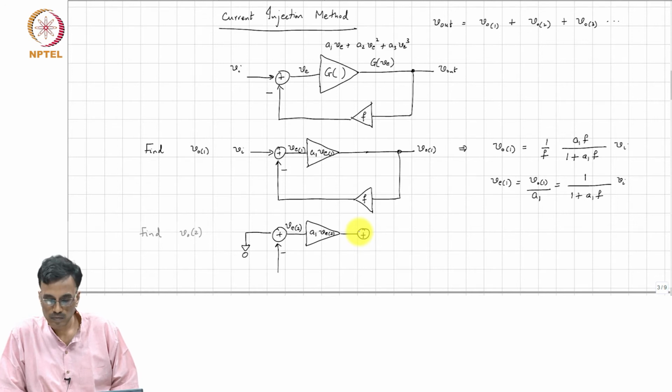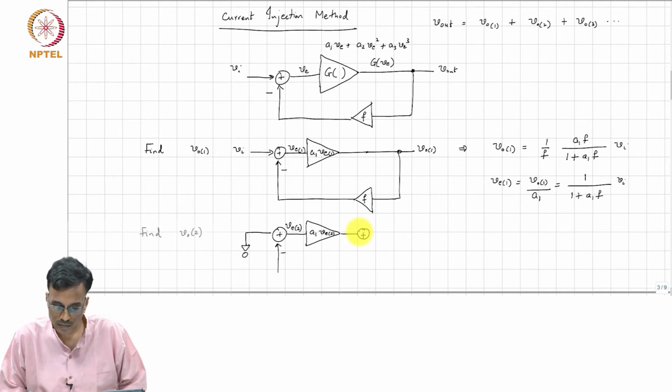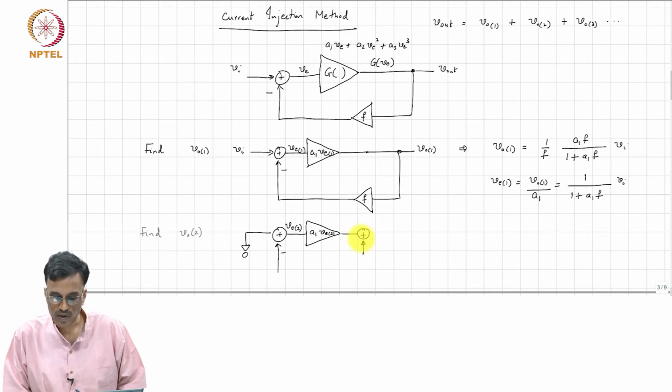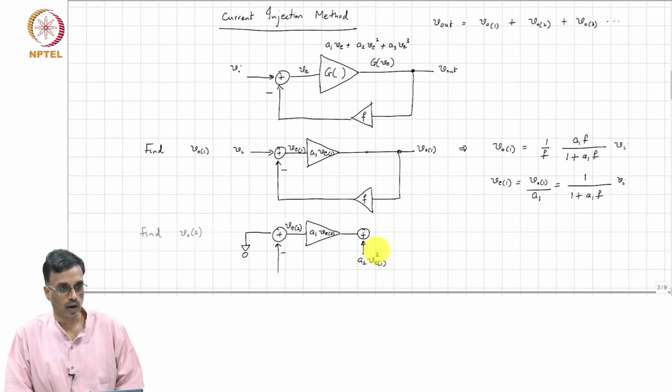We have to inject some current that is proportional to the V of O1 minus V. So, basically you inject A2 VE1 square.